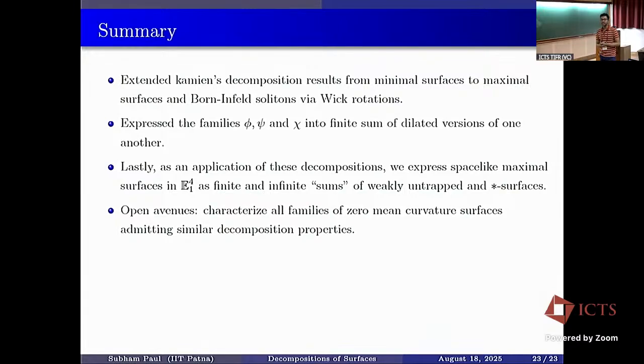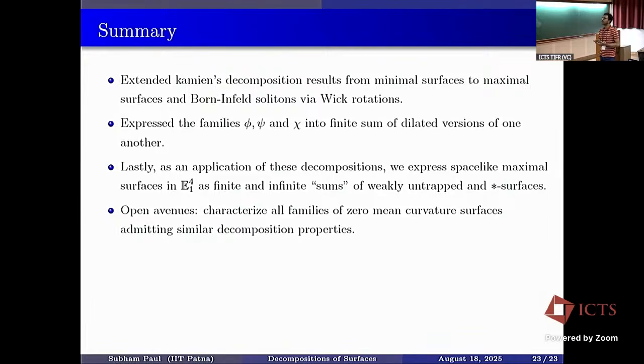So the summary is that we have extended Kamian's decomposition results from minimal surfaces to maximal surfaces and Born-Infeld solitons via weak rotations, and expressed this family of phi, psi, and chi, the Scherk's minimal surfaces, maximal surfaces, and Born-Infeld solitons obtained after weak rotations, as an infinite sum of dilated versions of one another. And lastly, as an application of this decomposition, we express space-like maximal surfaces in E^4_1 as finite and infinite sums of weakly untrapped and star surfaces.